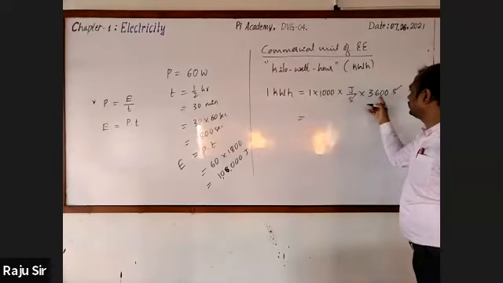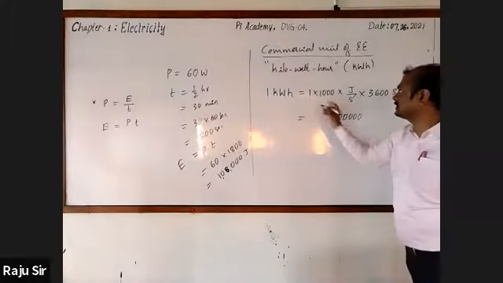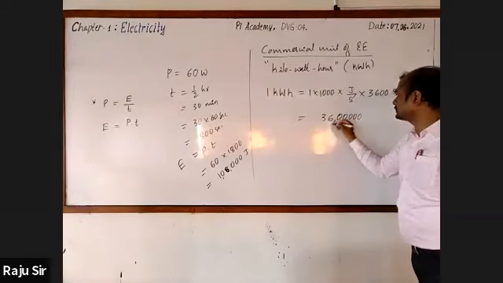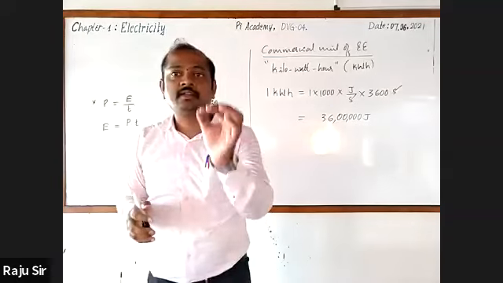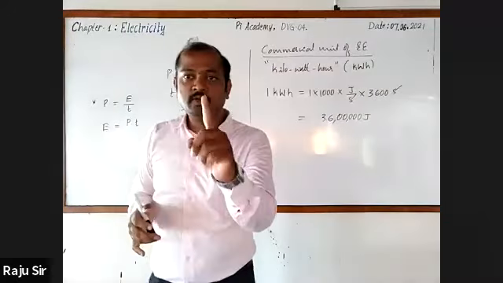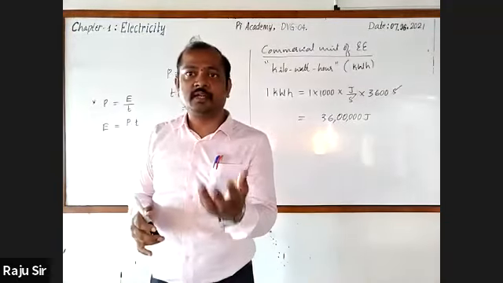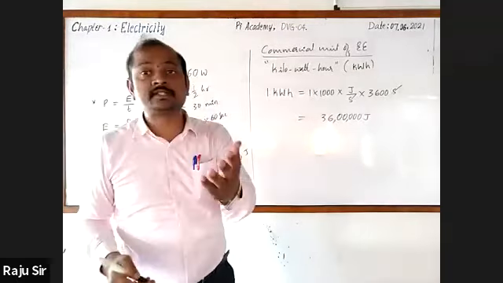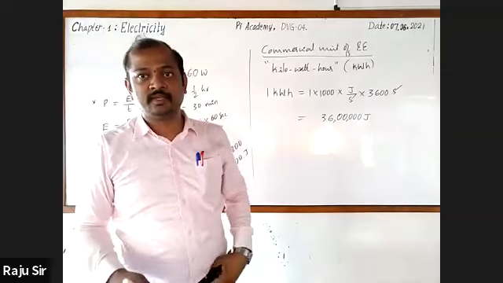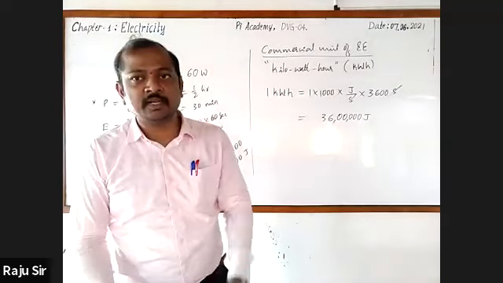You have 3 zeros, you have 2 zeros, total 5 zeros. 36 ones are 36. It is 36 lakh joules. Now, if we are using one unit of current, it is understood that we are using 36 lakh joules. Are you not feeling it is a wonder?